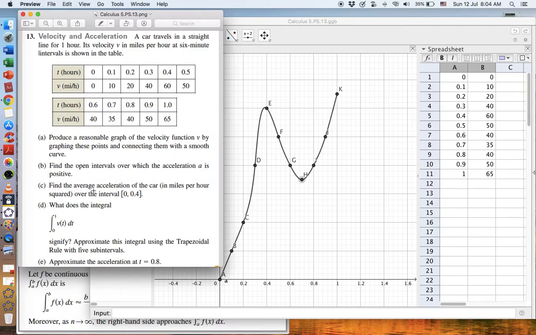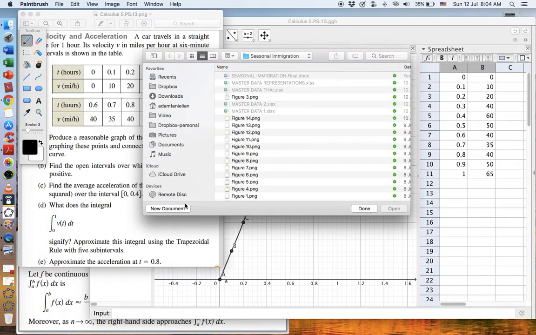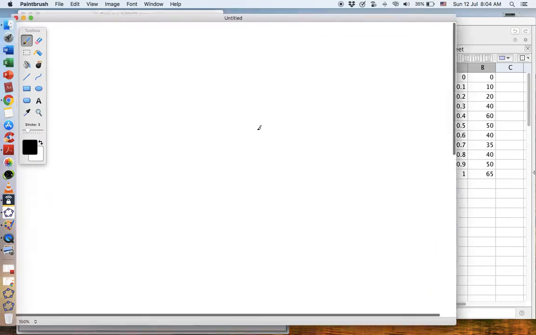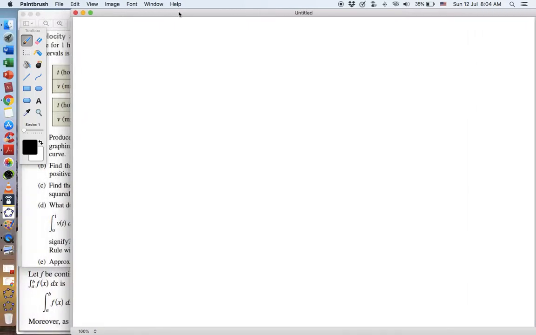Find the average acceleration of the car in miles per hour squared over the interval. Well, we have to do a little bit of algebra here. Pretty simple, actually, and if you follow along in physics, then you'll know that the average acceleration is equal to delta v over delta t.